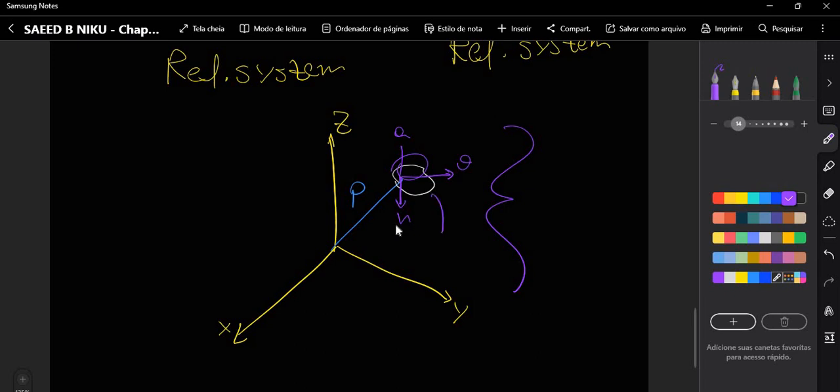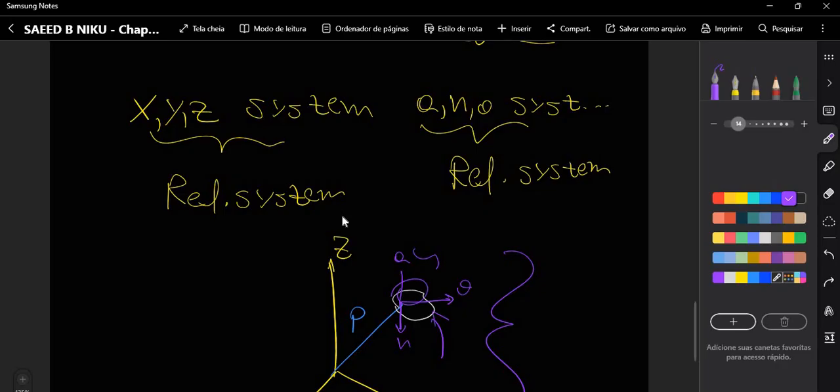An object can be represented in this space by linking this referential, and representing this referential by linking to it this other referential, linking the n, o, a axes to the referential system with the XYZ system.